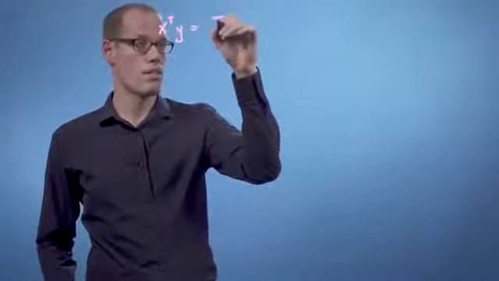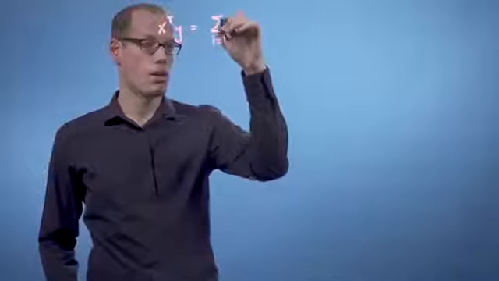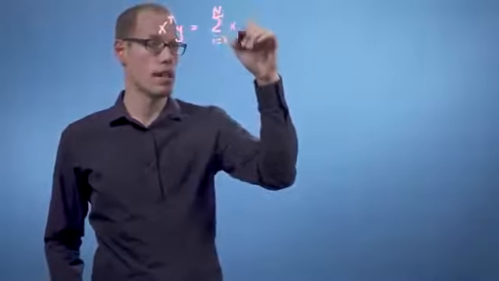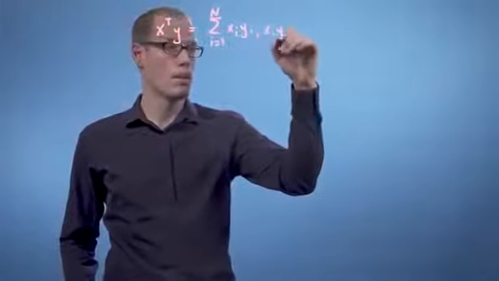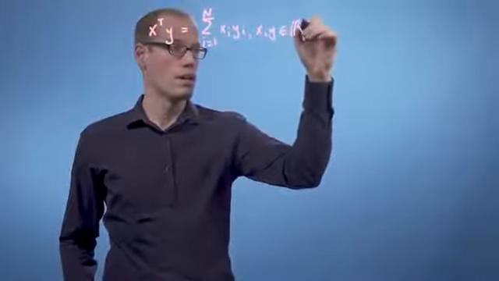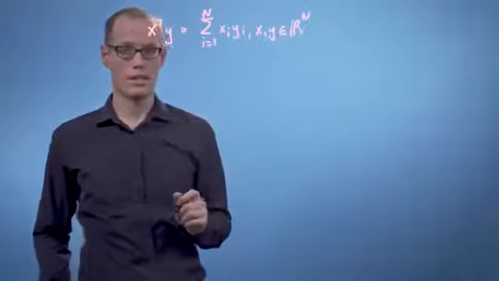An example of an inner product that we may know already is the dot product between two vectors x and y. If x and y are two vectors in Rn, then the dot product is defined as x transpose y, the sum i equals 1 to n of xi times yi, where x and y are n-dimensional vectors.